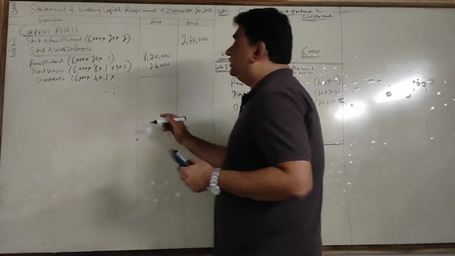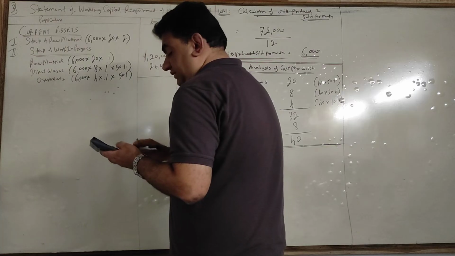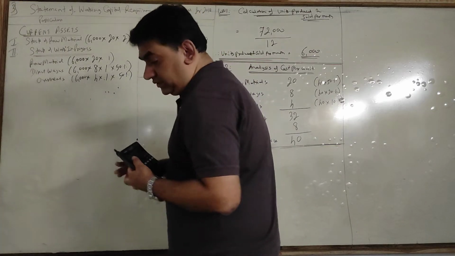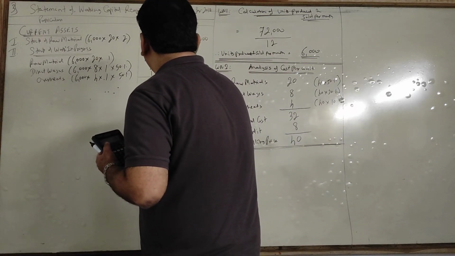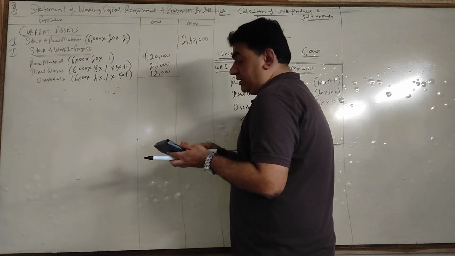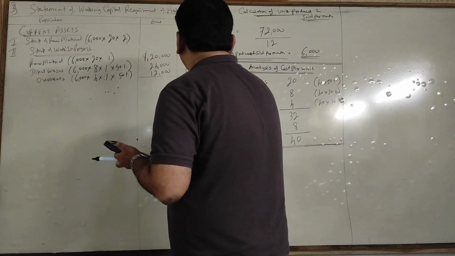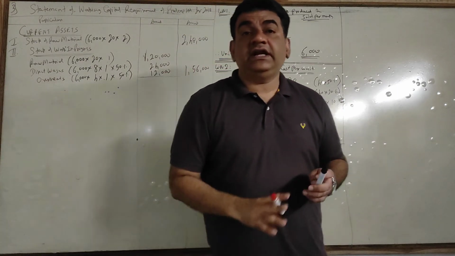Same thing. You will multiply by the proportion, that is 50%. So 6,000 into 4 divided by 2. That will give you 12,000. So my total WIP will become 1,56,000.